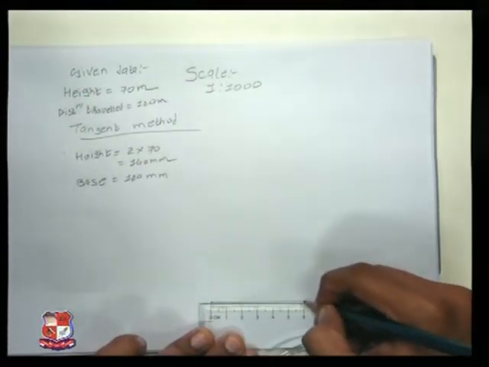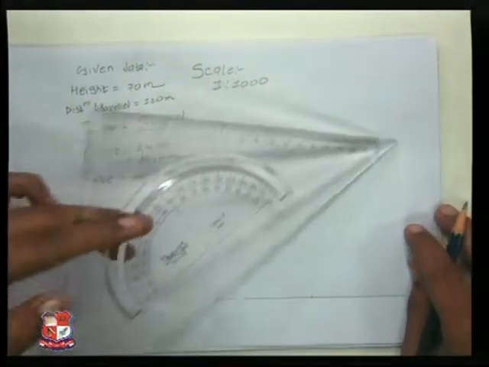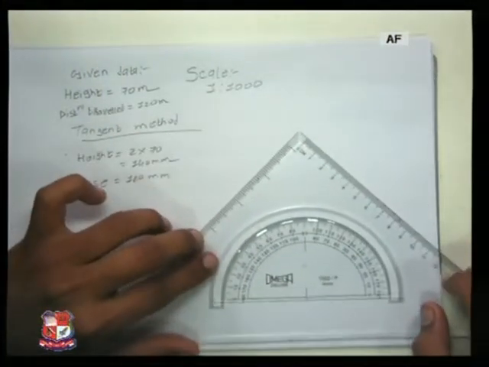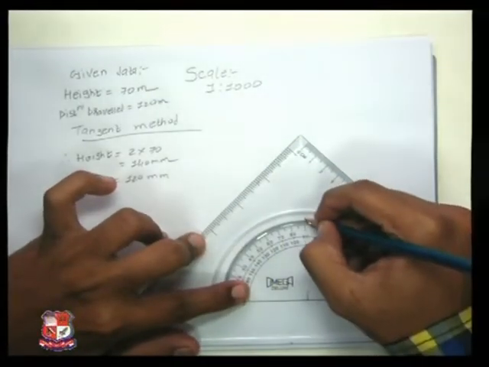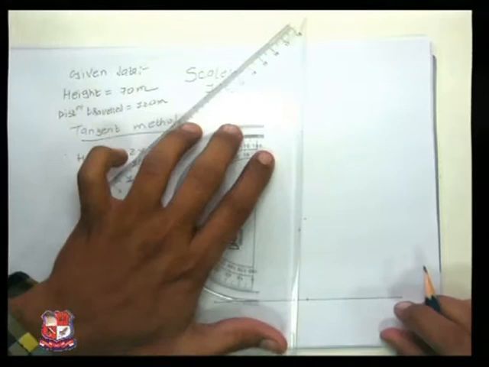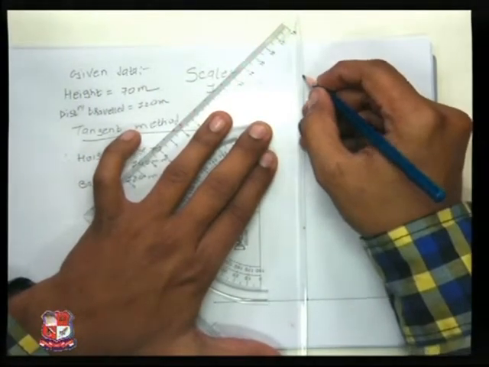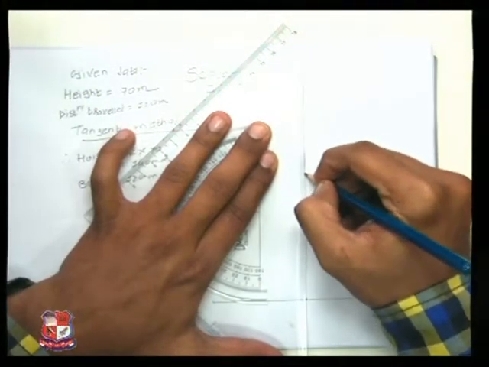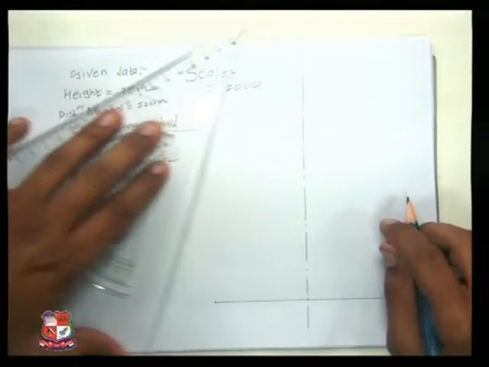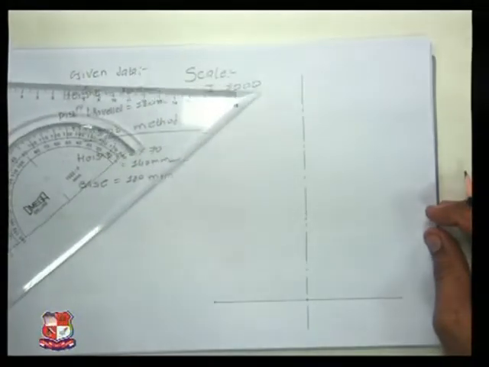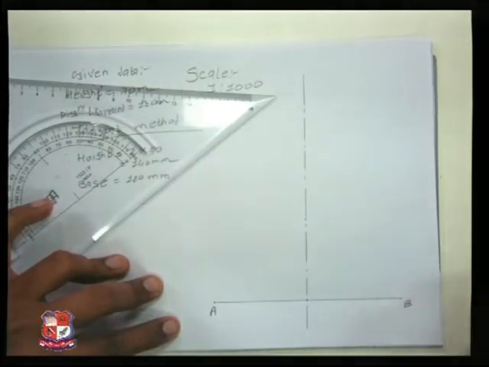I will take its midpoint, which means at 60 I have taken the midpoint. Take a perpendicular line as a center line and mark it as the center line. Name both end points A and B.